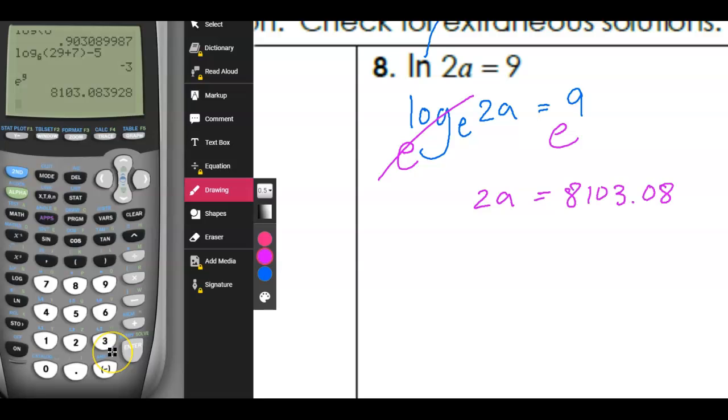Perfect. 8,103. And then what did you do next, Oscar? It's okay. So we have 2A equals 8,103. What do we do to get the 2 off of the A? Yes. We divide both sides by 2.